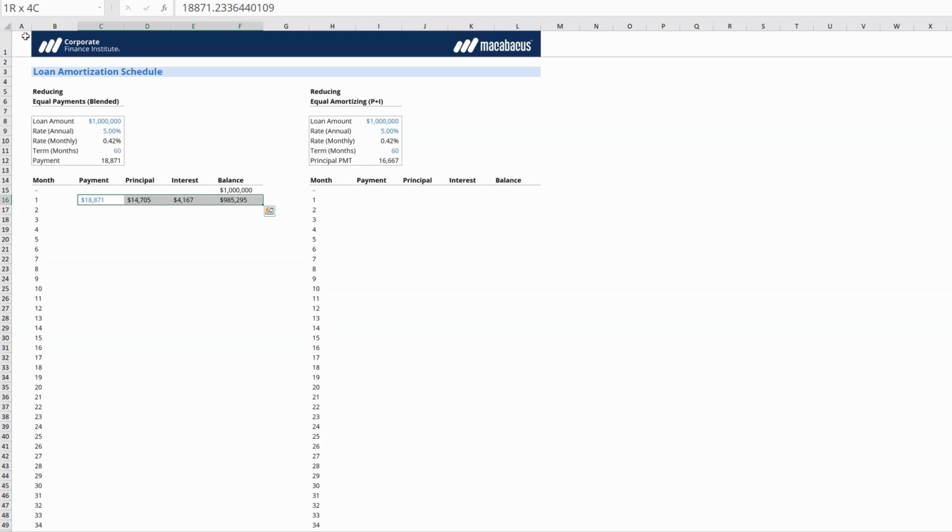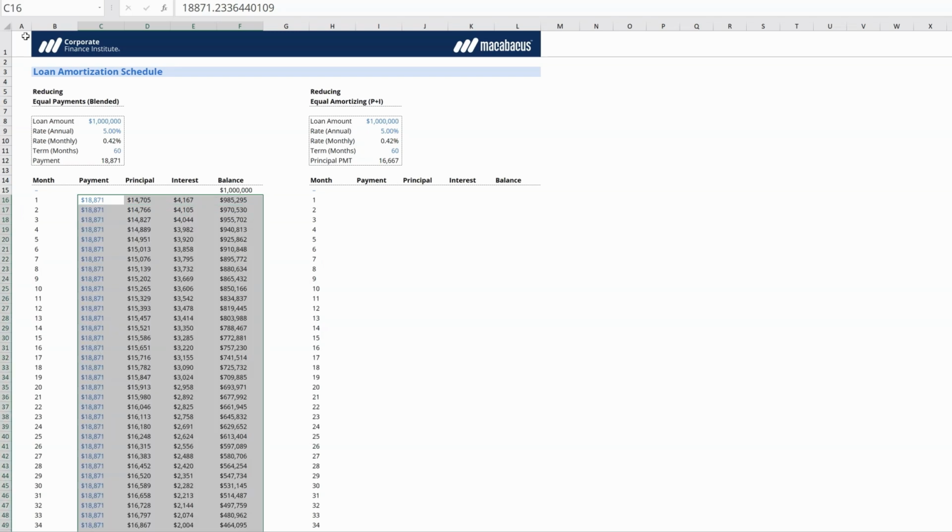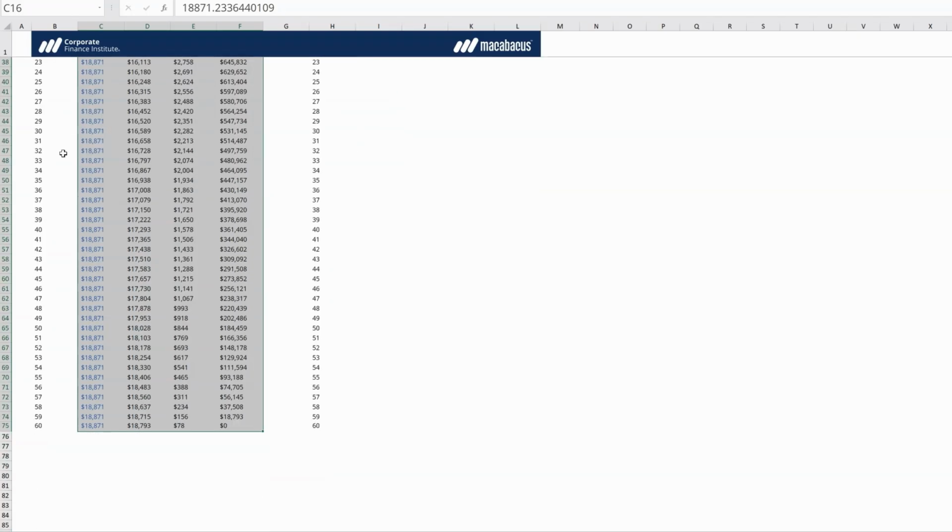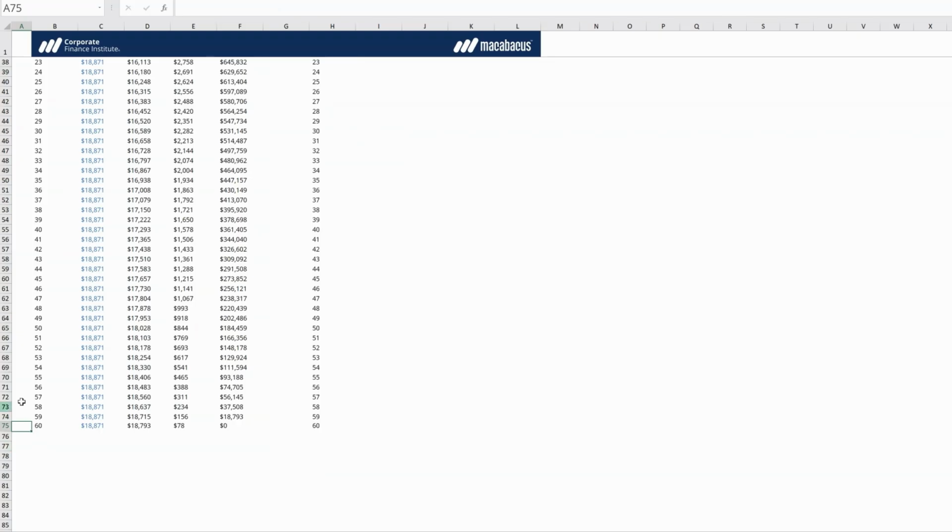We're going to use a Macabacus function here called fast fill down, and the shortcut key is Control-Shift-D, and that will actually automatically fill all the way to the bottom of the existing reference cells. So because this ends at 60, it goes all the way down to the bottom, and we can see here that our blended payments are made all the way down.